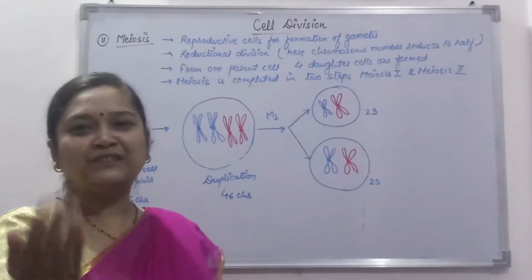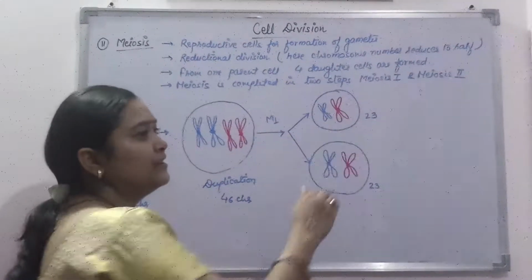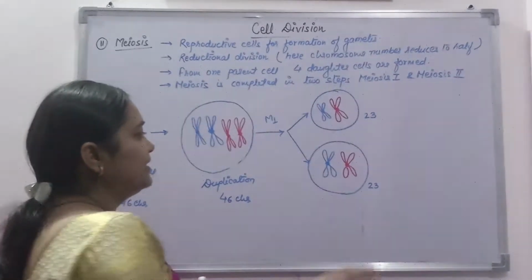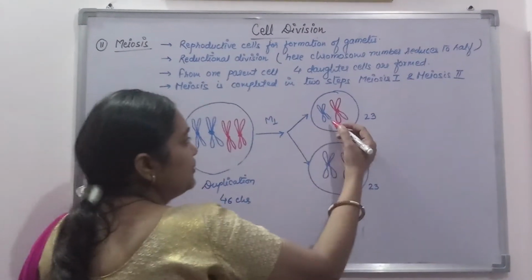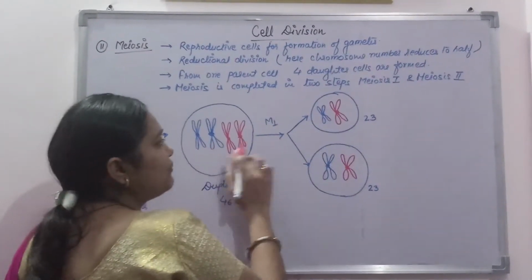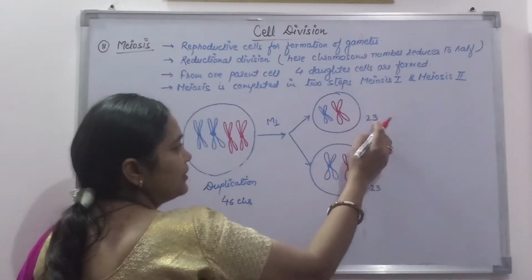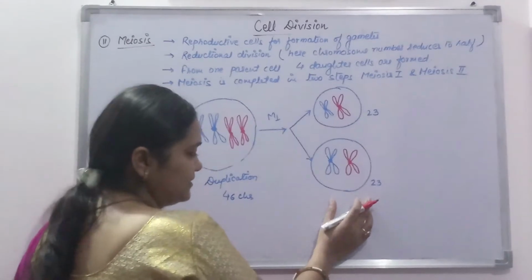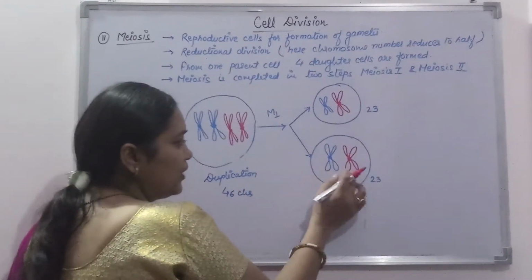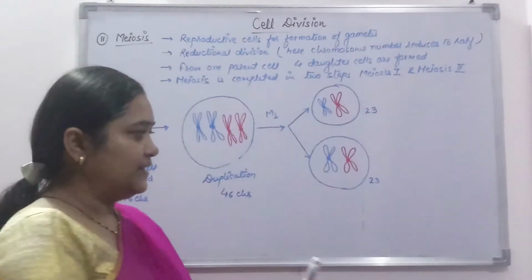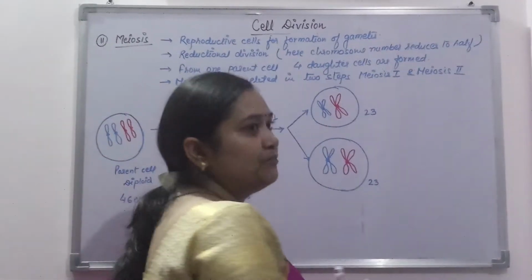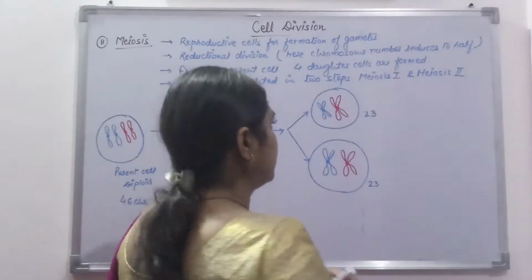I'm just telling you so that it will be easy for you to understand. This one blue and one red chromosome get into one daughter cell, and similarly one blue and one red to the next daughter cell. Now see, after that meiosis 2 will take place.